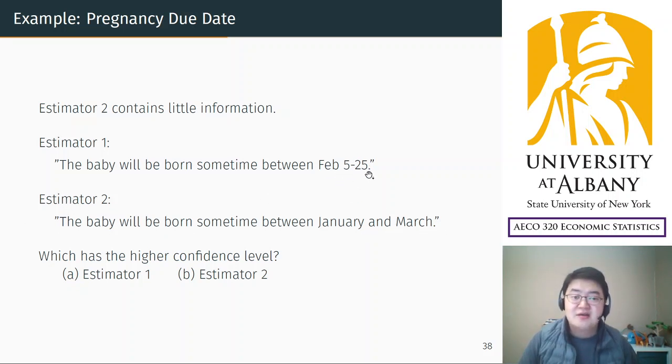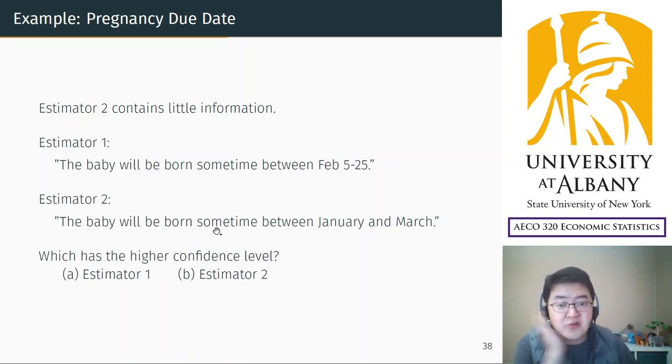As you see, if the baby is born between January 1 and February 5, 1 is wrong, but 2 is correct. And after February 25, 1 is wrong, but 2 is correct. So in that sense, the probability of containing the true birth date is higher for estimator 2.